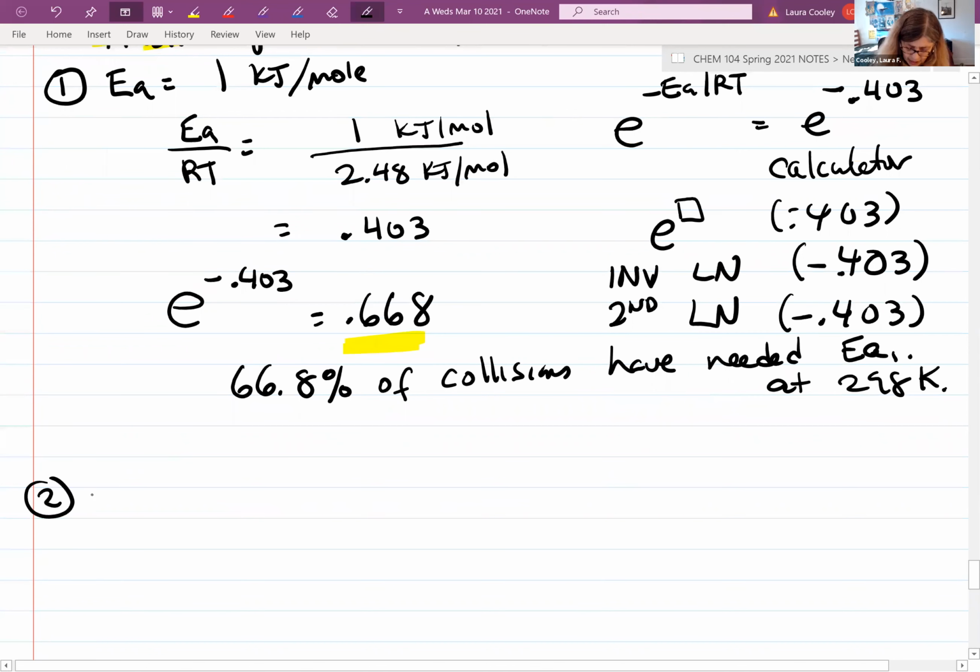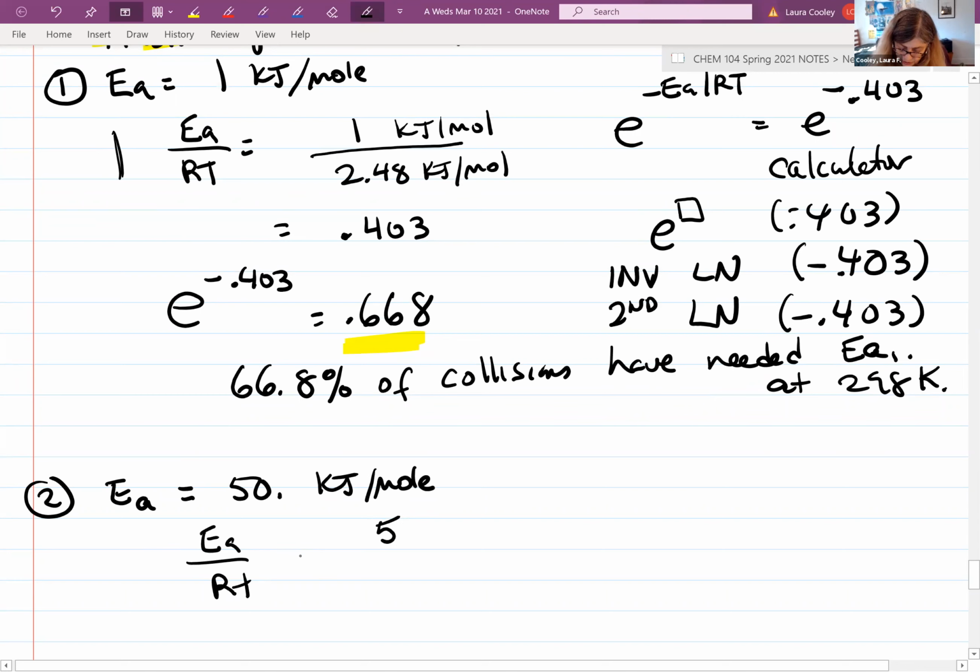But what if our activation energy is 50 kilojoules per mole? All right, now when we calculate EA over RT, like we did over here, it's 50 kilojoules per mole divided by the RT, which is still the same temperature.